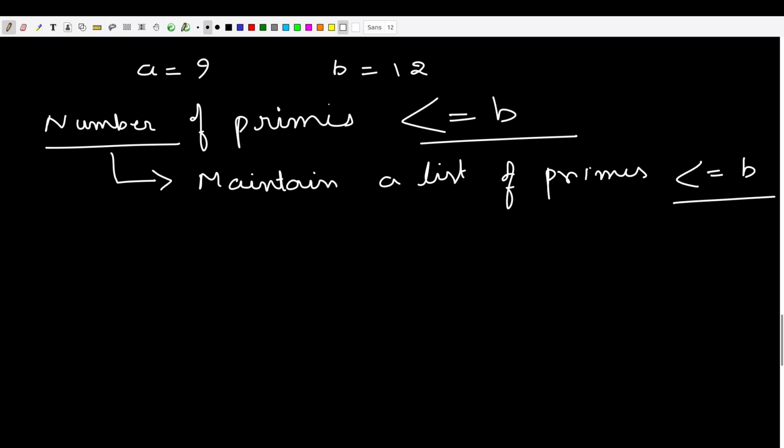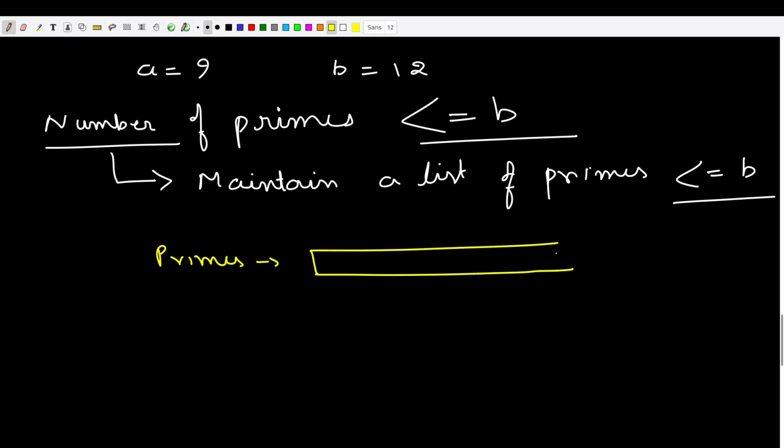So in case of b equals 12, the list of primes will be, let me just write it over here, 2, 3, 5, 7 and 11. So these are the prime numbers which are less than or equal to 12.